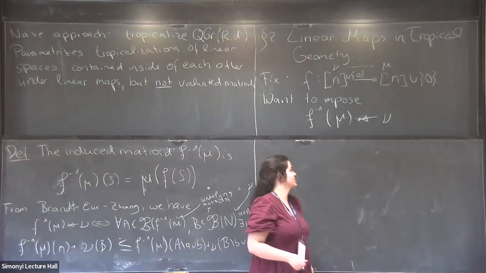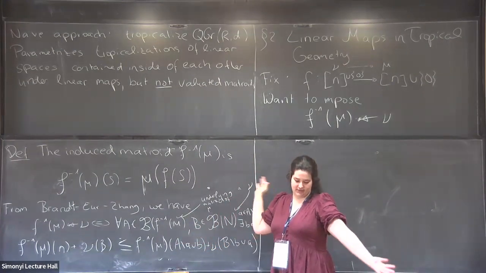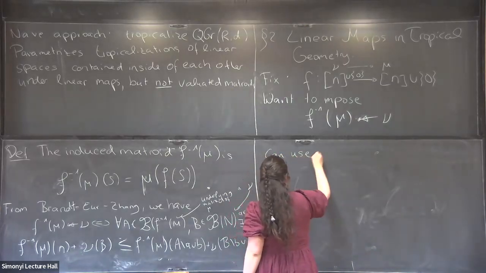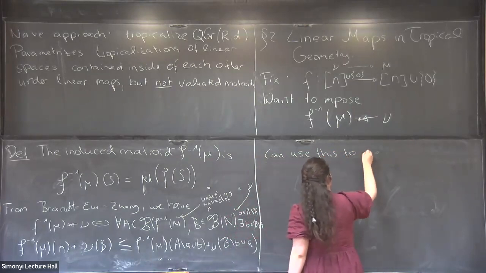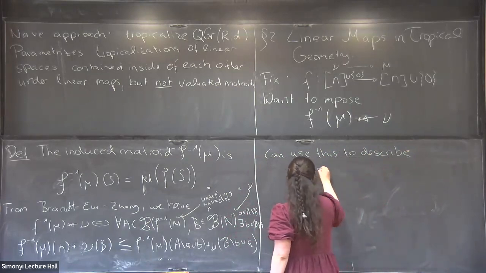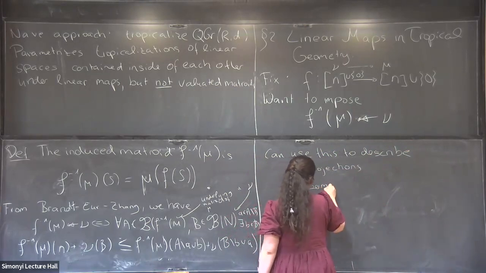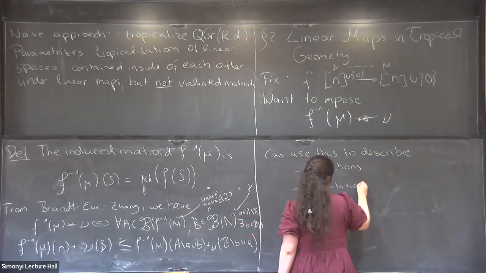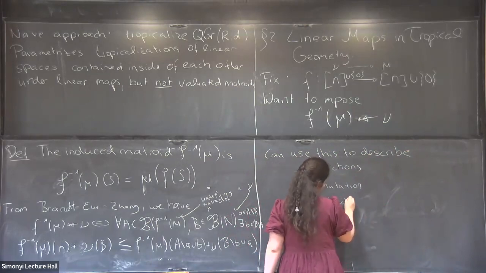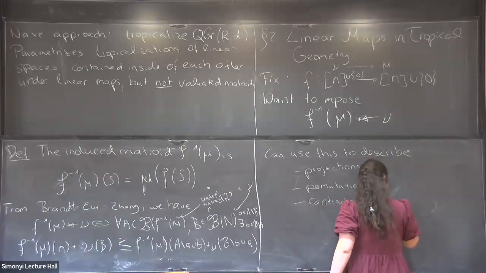And we can use this to describe contractions, which essentially map two different coordinate directions into one, i.e. mapping coordinates onto each other.